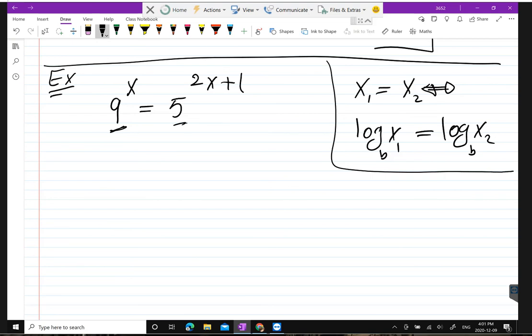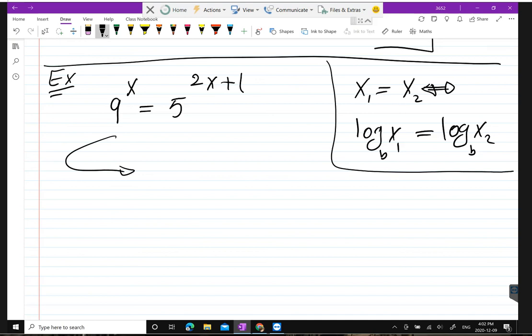It doesn't matter which one. I normally take the logarithm based on the one that has the more complex power, for example 5 here. It is not mandatory, it is just a recommendation.